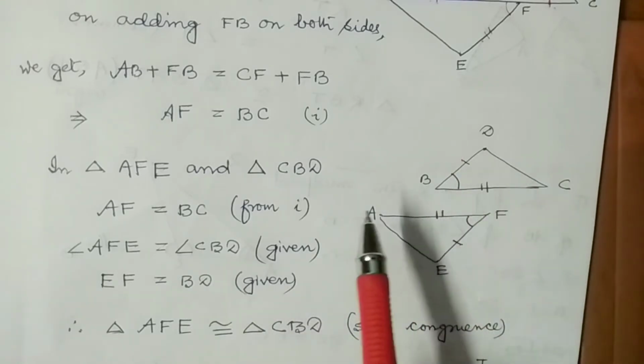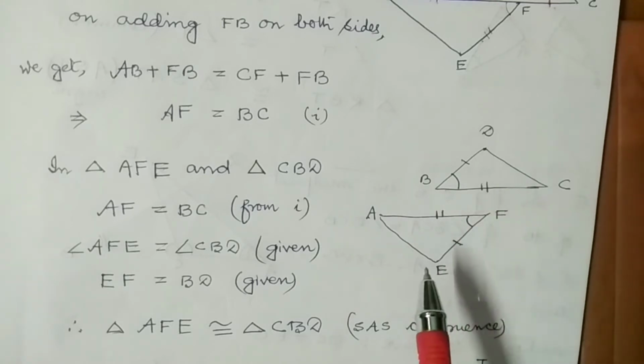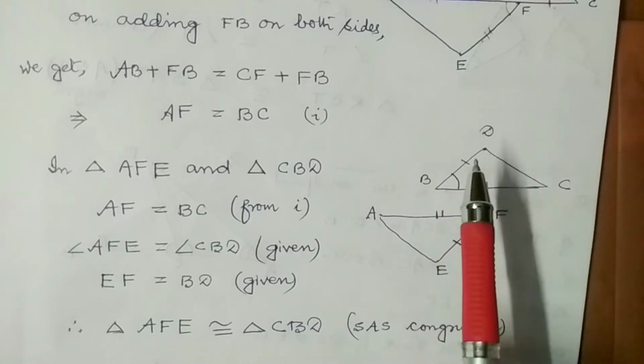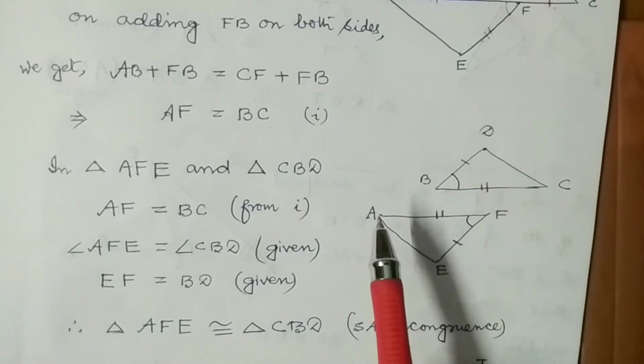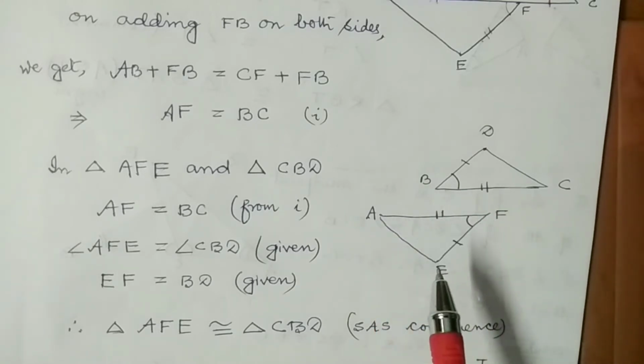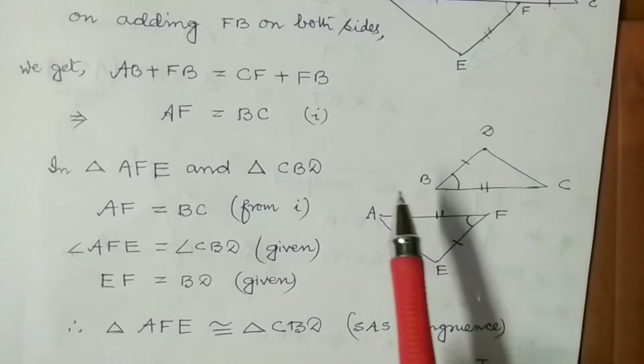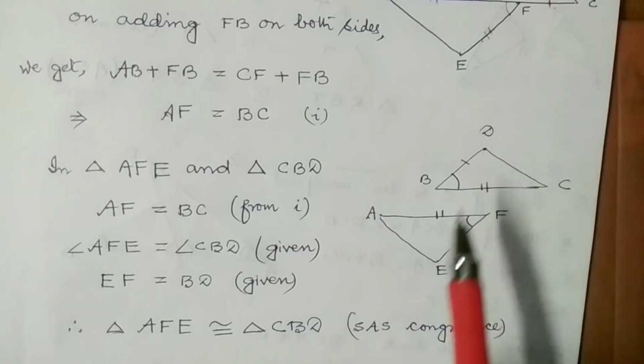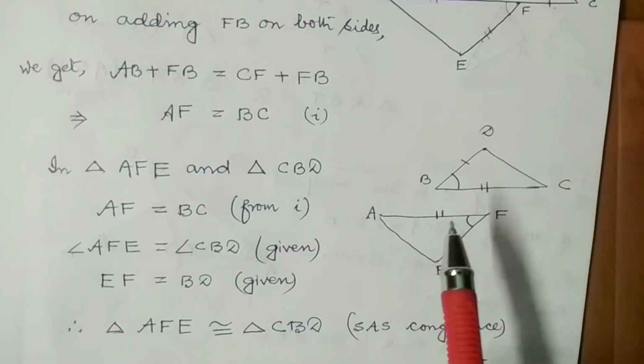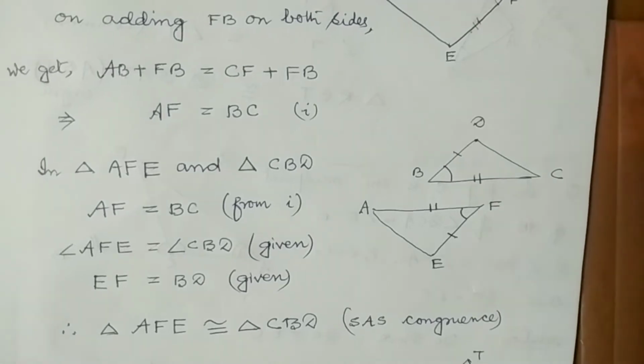Just see, side, angle, side. So if I write AFE, I must write CBD. That means the triangles are congruent by SAS congruence property. And this is what we are to prove.